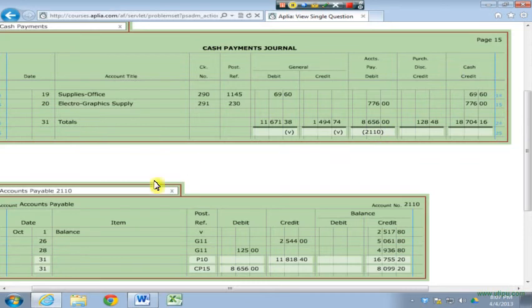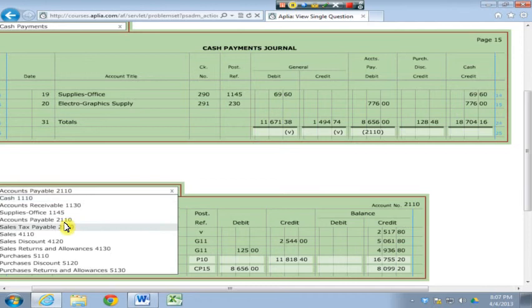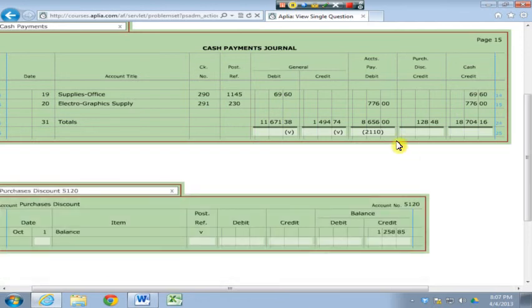Okay, we're ready to go to the next ledger, which will be what? The purchases ledger, purchase discount ledger, sorry. And we'll walk through this one. The date is the 31st. Post reference will be CP15. This is a credit column, so we're recording it as a credit.